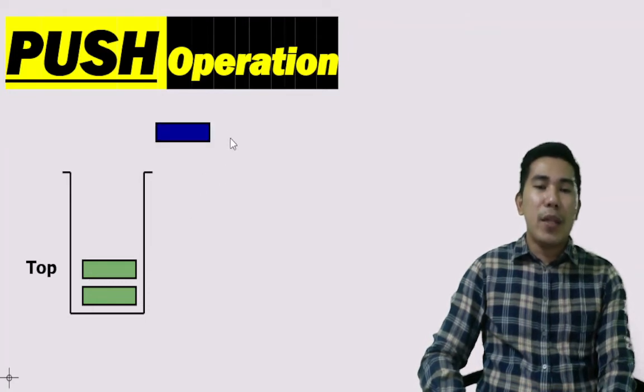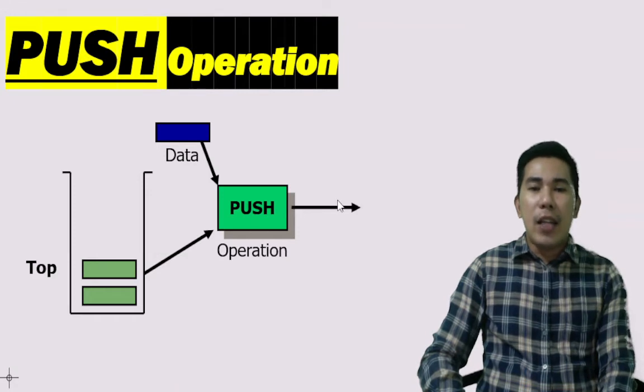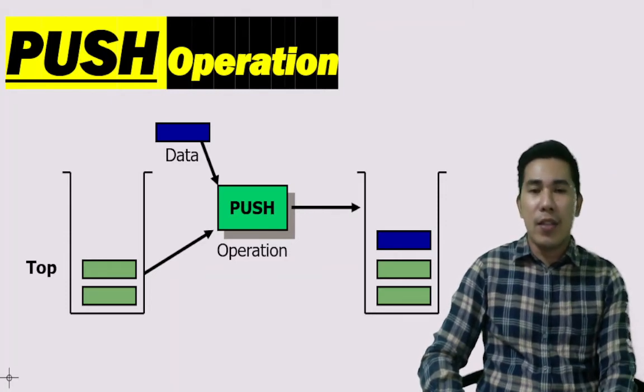Every time you insert another data to your stack using the push operation, once it is inserted to your stack as an element, let's say if it's valid, it is going to be inserted at the top. So that's the push operation.